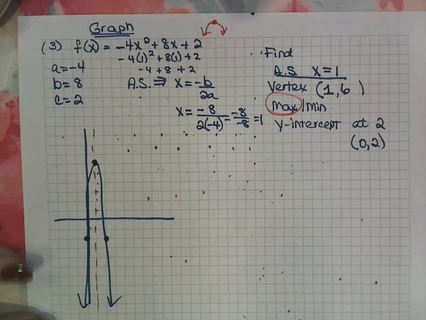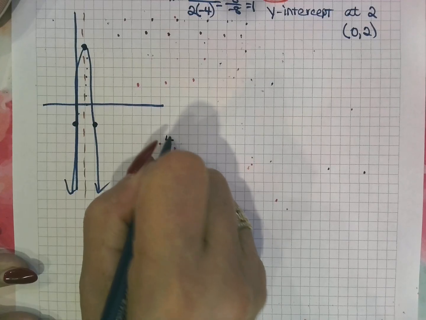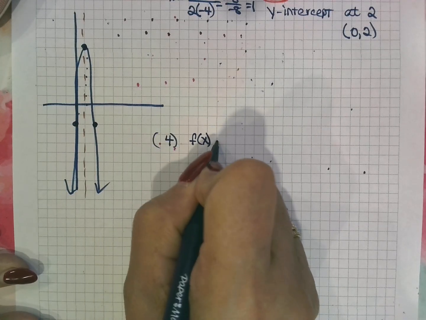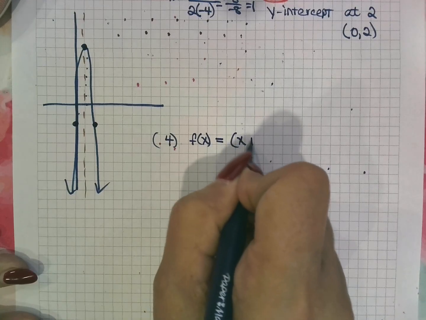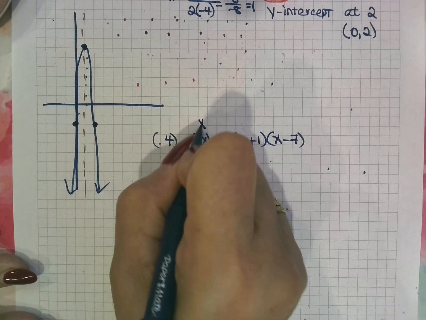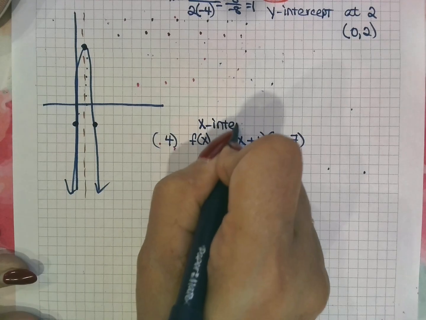All right. Number 4. For this one, we're going to have the function f of x equals (x plus 1)(x minus 7). This one is given to us in x-intercept form.